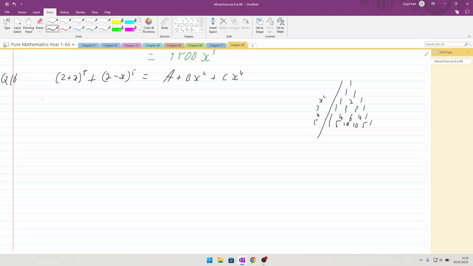Okay, and so now we can say (2 plus x) to the 5 is equal to 1 times 2 to the power 5 x to the power 0, and then 5 times 2 to the power 4 times x to the power 1, and then 10 times 2 to the power 3 x squared, and then 10 times 2 squared x cubed.